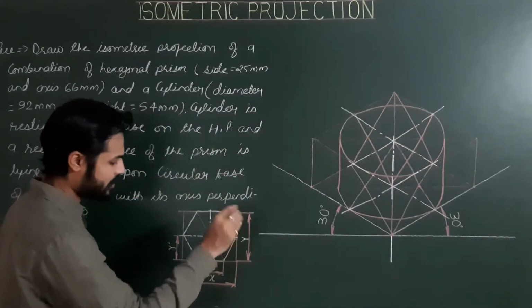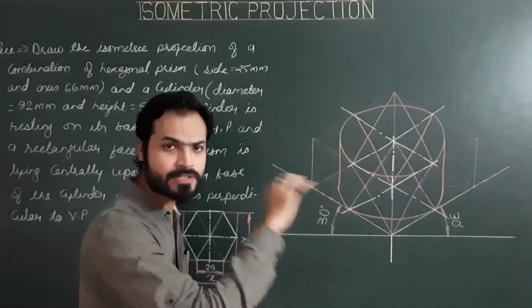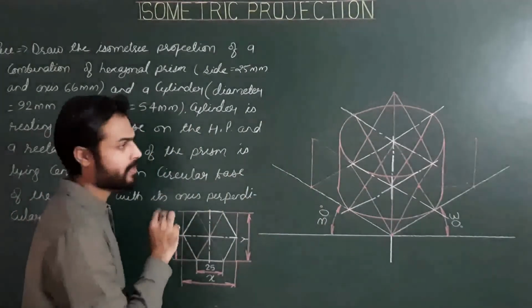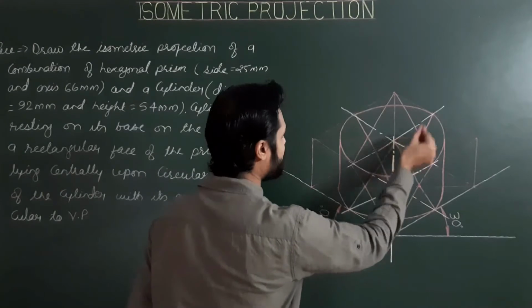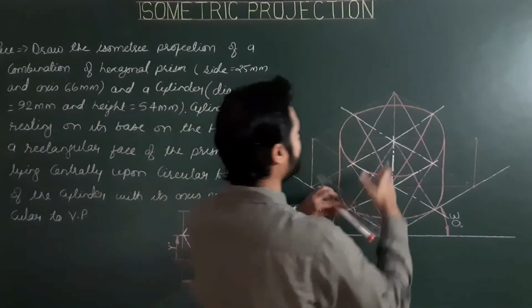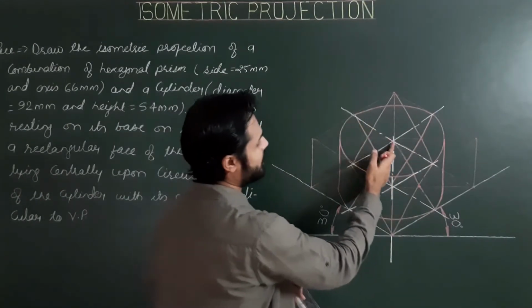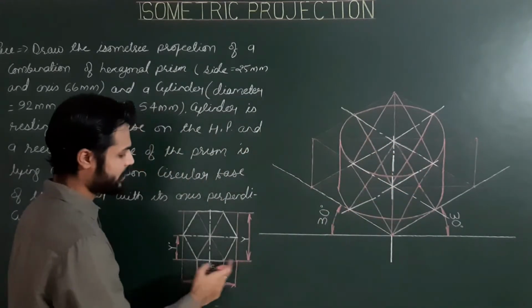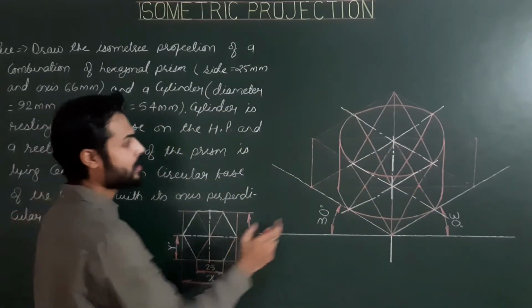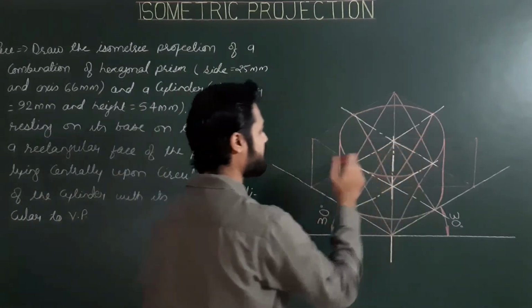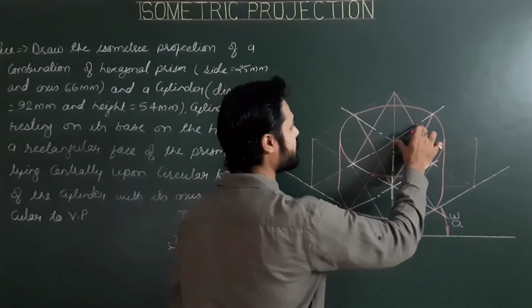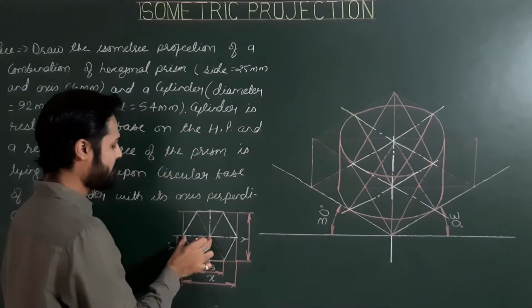So the size of the face of the cuboid will be x by 66. Now from the center, we have to mark limits of half of 66 along the second center line and half of x along the first center line.